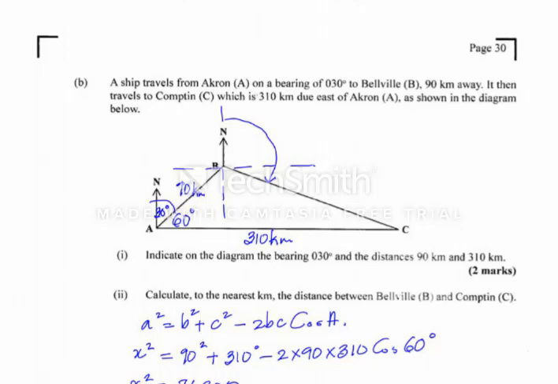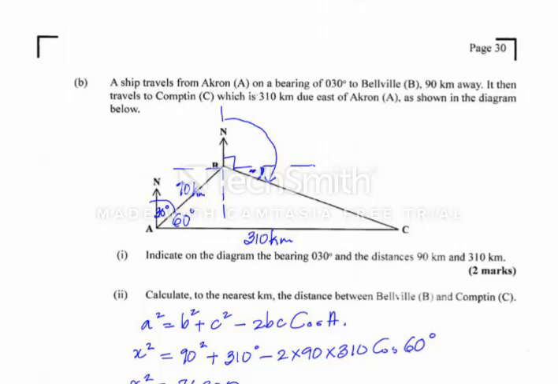So essentially, that's the angle we need. We need this entire angle here. We know this part of it. This part is 90, and this is the part that we actually don't know. We need to find out what this part is.